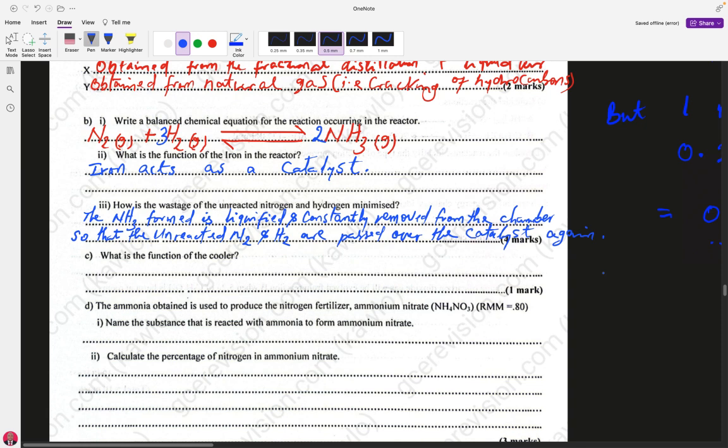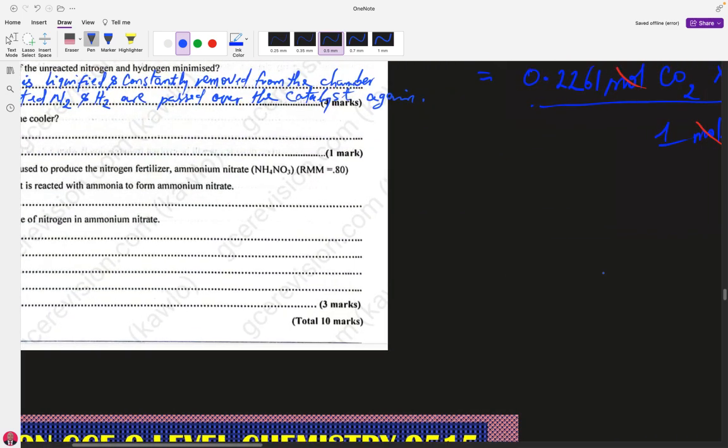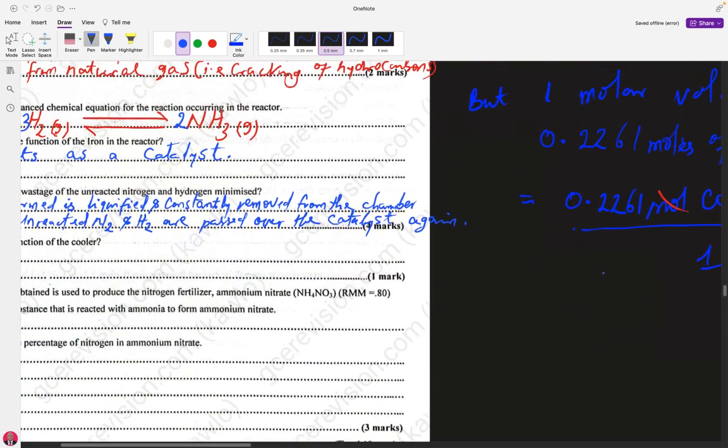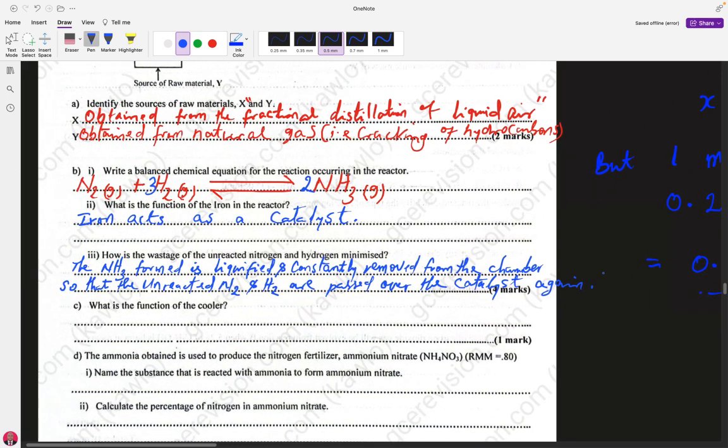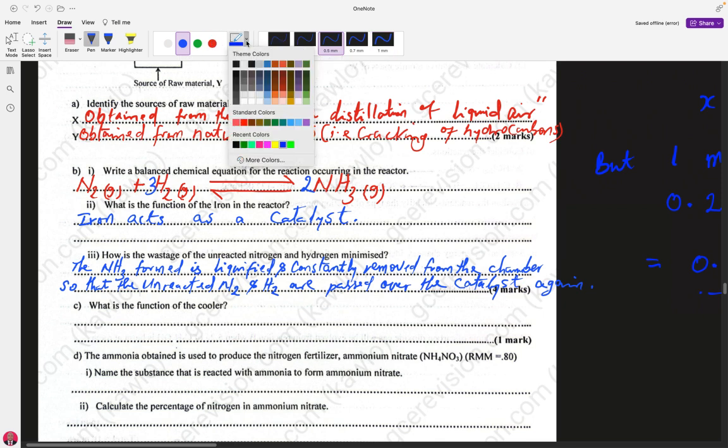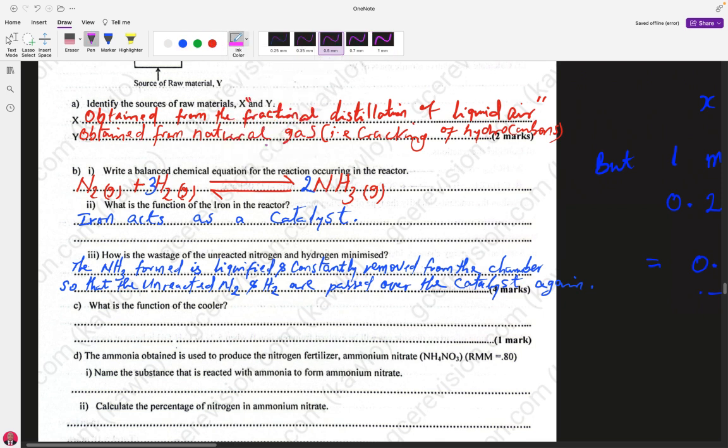Then also, cooling decreases the vapor pressure so that the liquid ammonia remains in the same state at a reduced pressure.